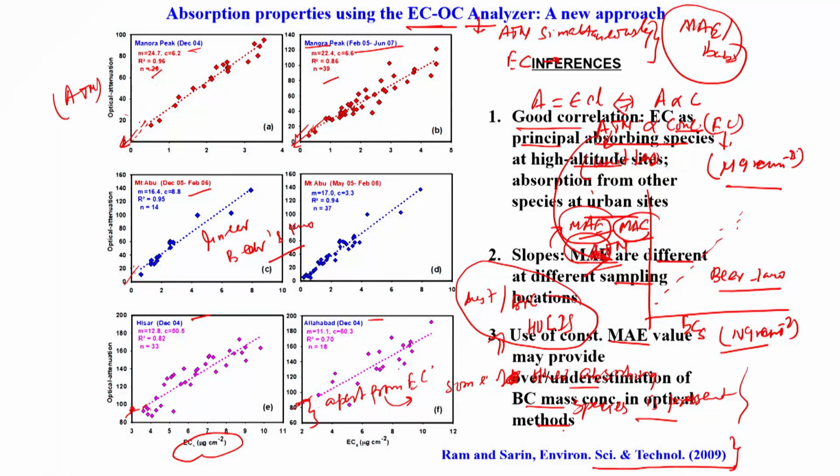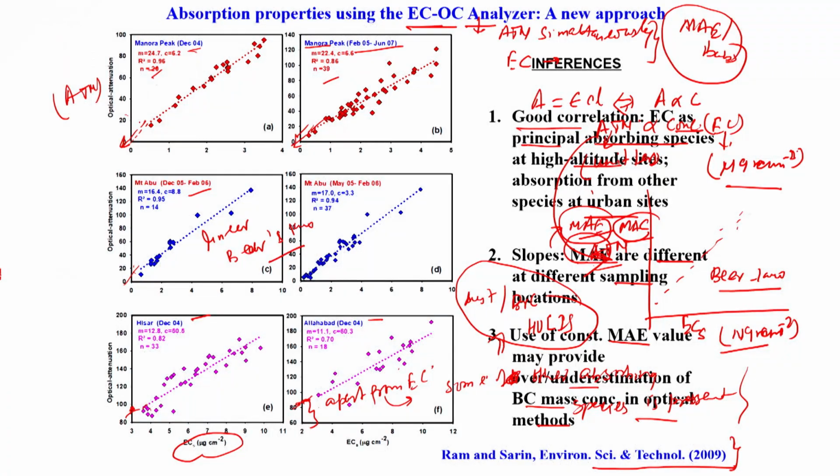That is what we were discussing, that BC relies on the measurement of absorption coefficient or absorbance, and then it converts that: if this absorption is because of elemental carbon or black carbon, how much absorption, how much black carbon should have been there. So, it uses a constant conversion factor.